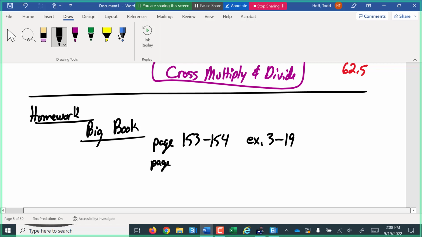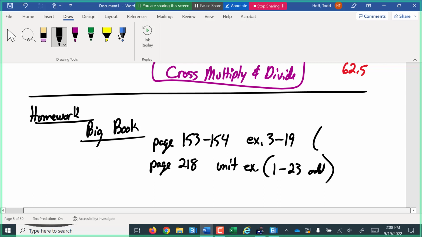Page 1, we'll skip that one. We don't need to beat that one to death. Let's jump up to page 218. This will be in the unit exercises, 1 through 23, the odds. The exercise 3-19, that'll be 7 through 37, the odds.